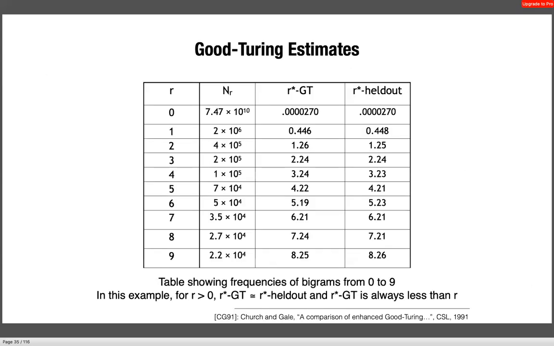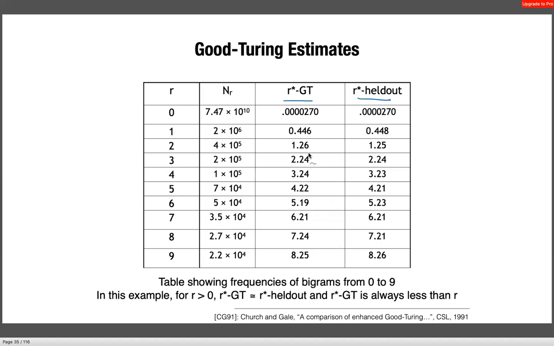So how do these Good Turing estimates look? Here, this is very similar to the table we showed earlier, showing you frequencies of bigrams from 0 to n. Okay, so here you can see that this R star held out was actually estimated on a held out set. R star GT is the Good Turing estimate based on the observed set of counts.